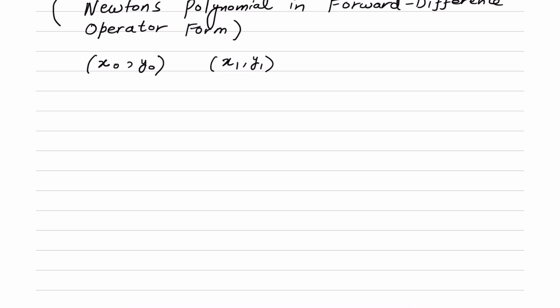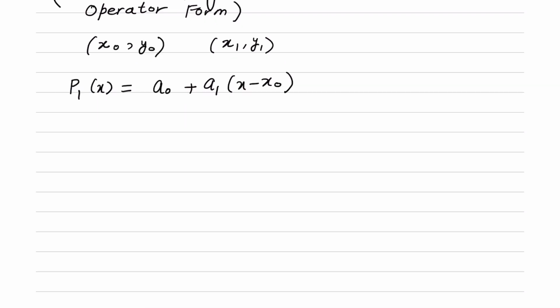Using these 2 points, we can write Newton's polynomial, and we know that for 2 points, the maximum degree of a polynomial is 1. So P1 of x is a0 plus a1 into x minus x0.